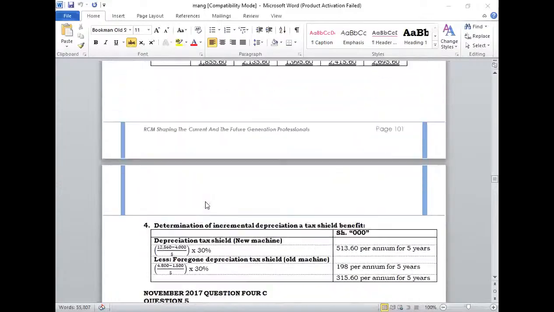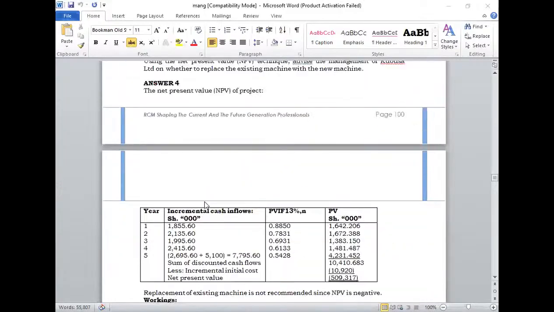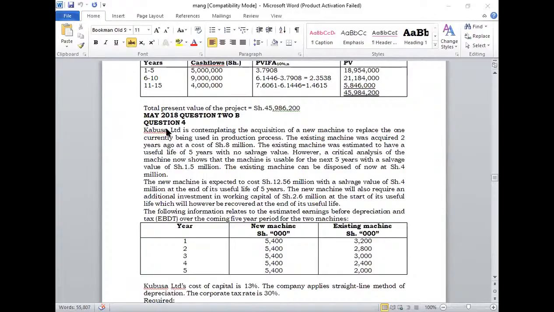They are telling us that Kabusa Limited is contemplating the acquisition of a new machine to replace the one currently being used in the production process. The existing machine was acquired 2 years ago at a cost of 8 million, with an estimated useful life of 5 years and no salvage value.